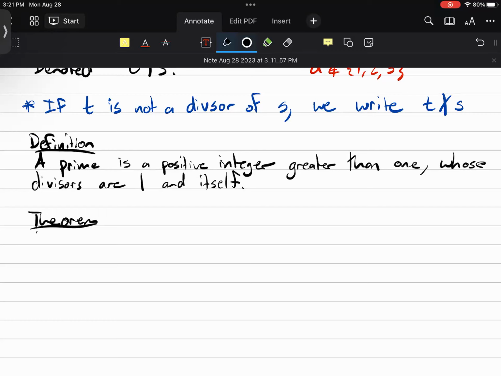So let's start off with an easy one. We're going to let A, B, and C be integers.